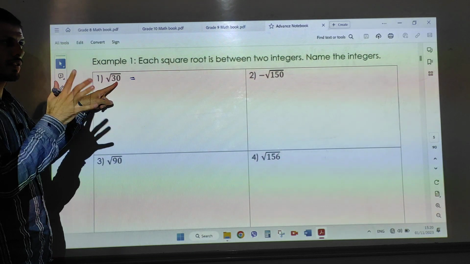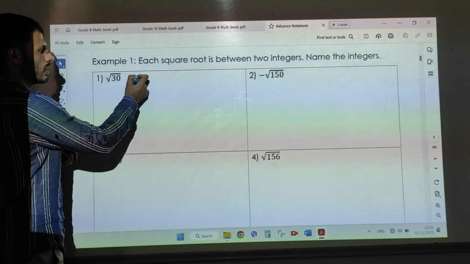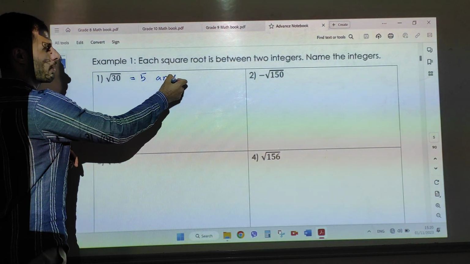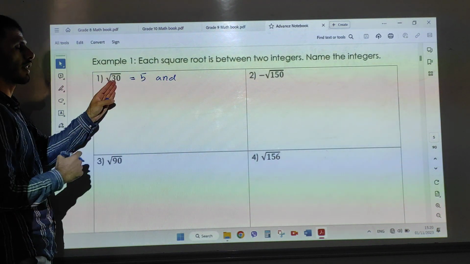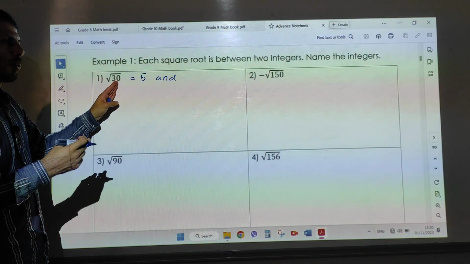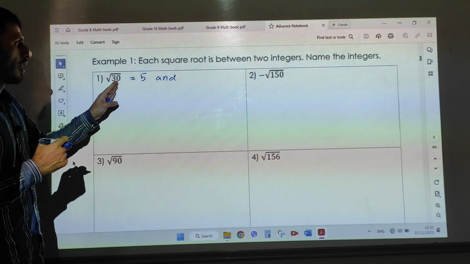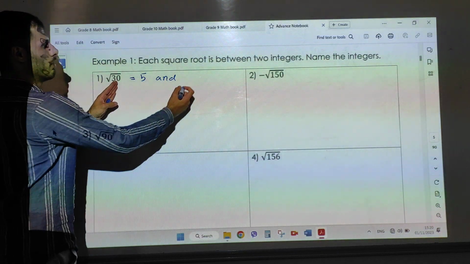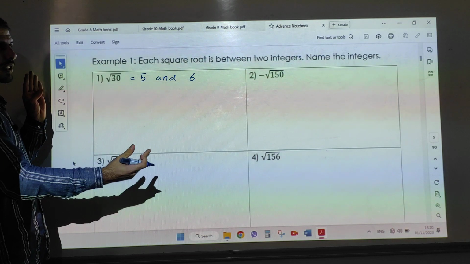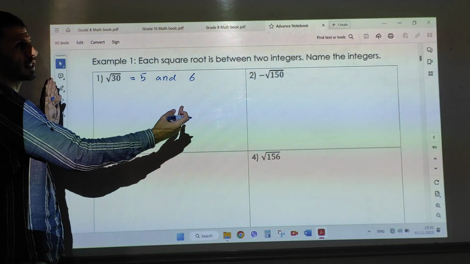The square root of 25 is 5. And we think about the next perfect square greater than 30, which is 36. 36 is from 6. So 30 is between two perfect squares, 25 and 36.